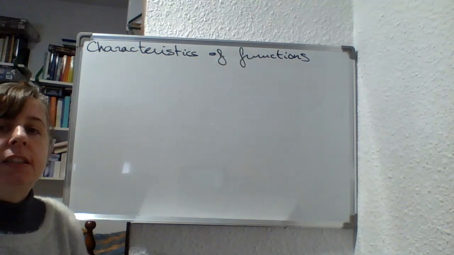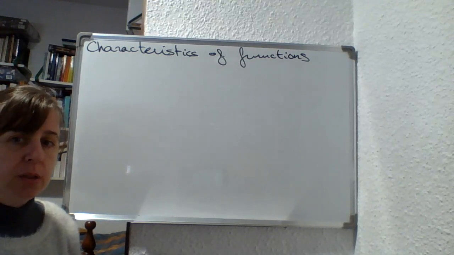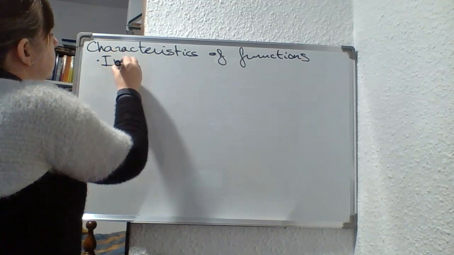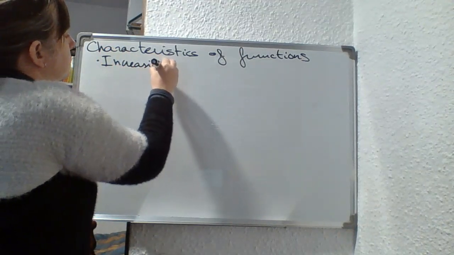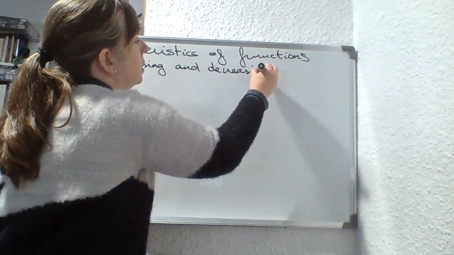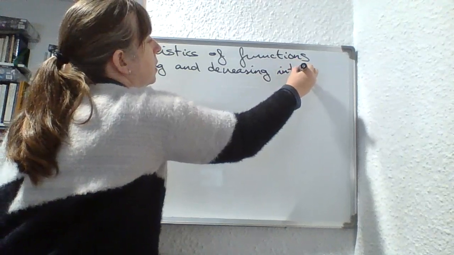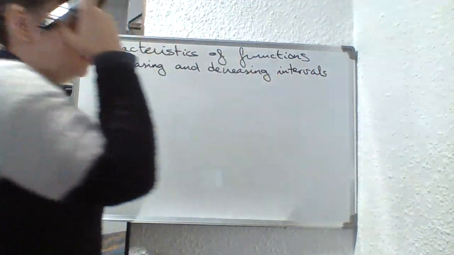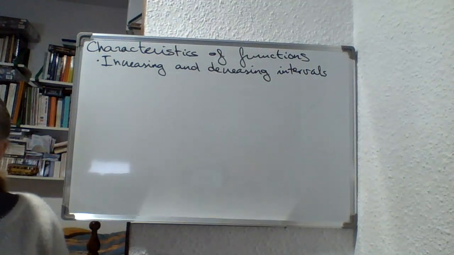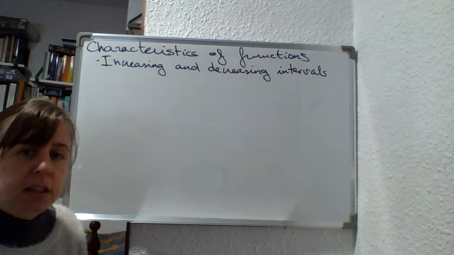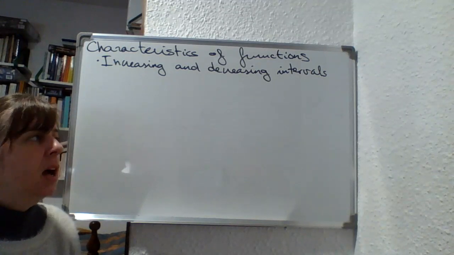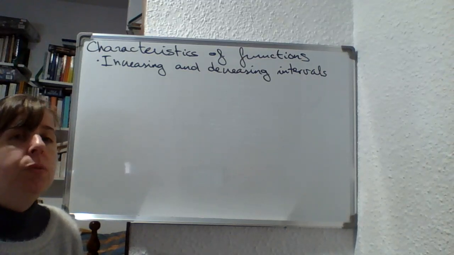The part of characteristics of functions we are going to study today is the part of increasing and decreasing intervals. Increasing and decreasing intervals have been studied in your last year, so it's something that you may know.